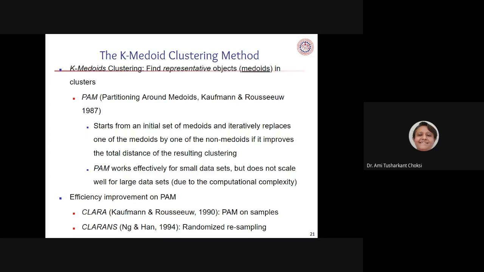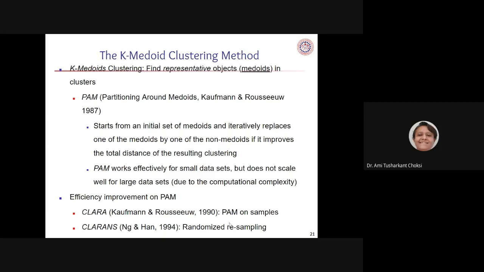Random medoid doesn't mean that randomly we are taking any number. No, we are taking any non-medoid data object. Fine. Okay. So PAM works effectively for small data sets but does not scale well for large data sets. Okay. Efficiency improvement on PAM: CLARA, which is PAM on samples, and CLARANS, that is randomized resampling.